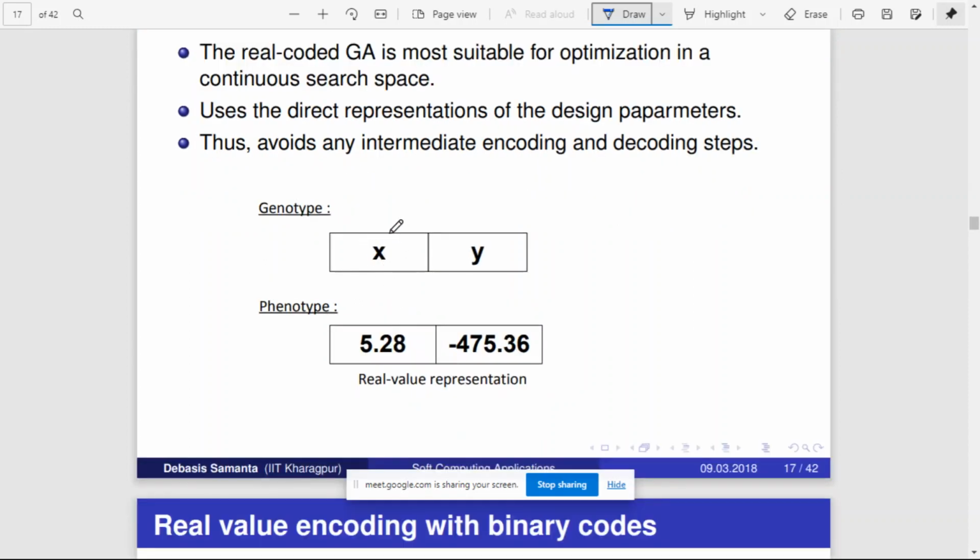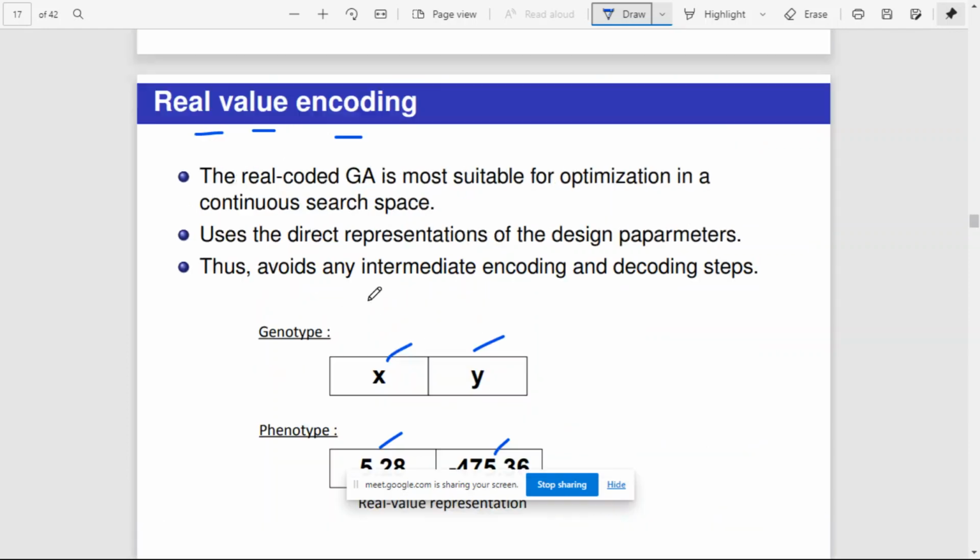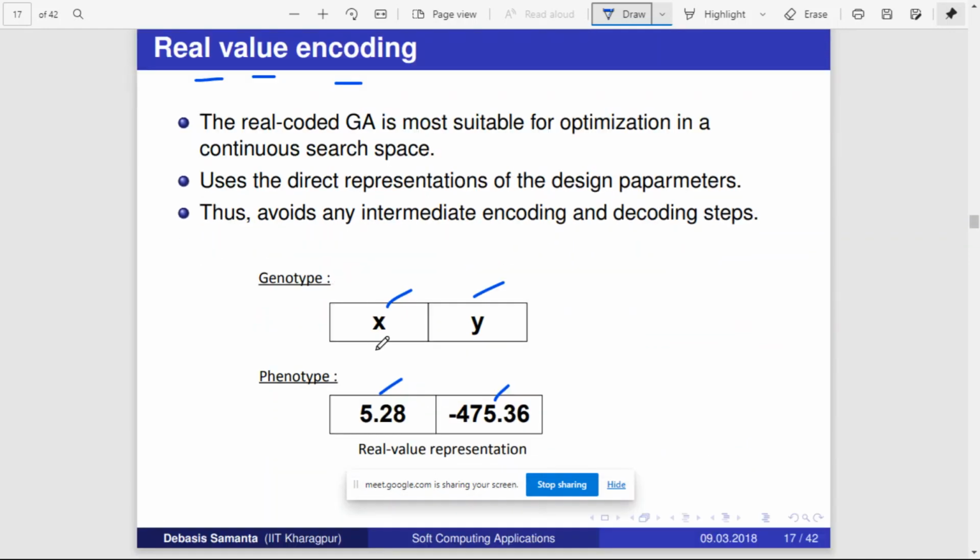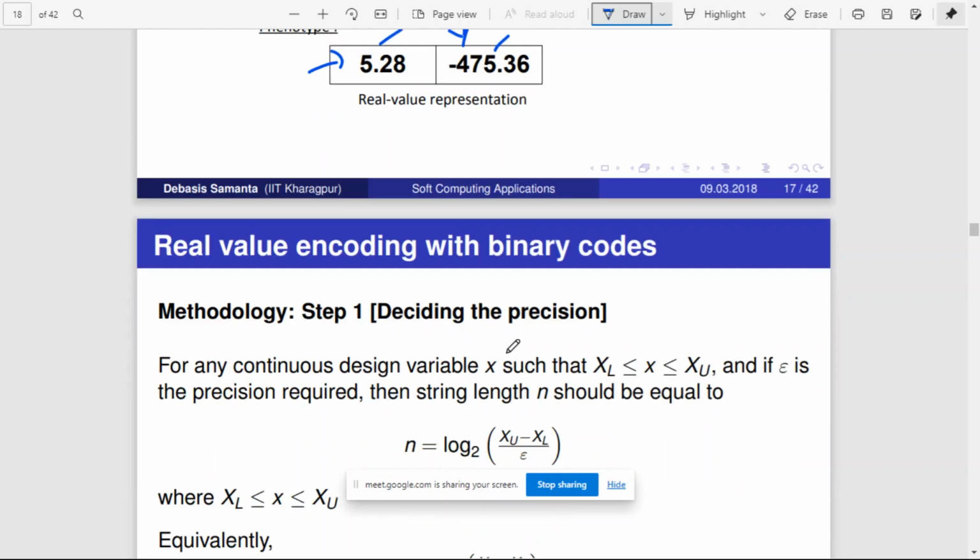Genotype depends on two variables x and y. Then its phenotype will be something like this, x is 5.28, and y is minus 475.36. So in the binary encoding scheme we give a binary value, but in the real value encoding scheme we give directly a real value. That's it.